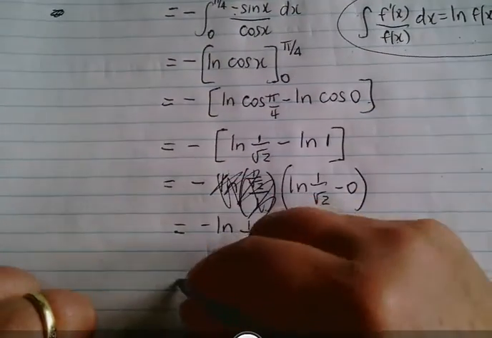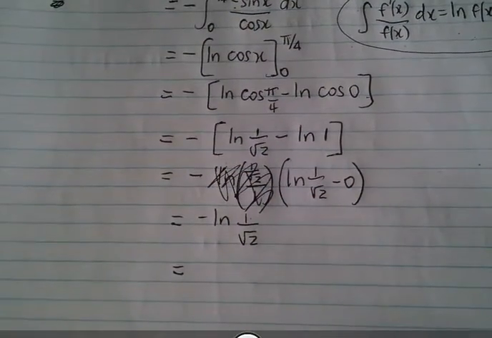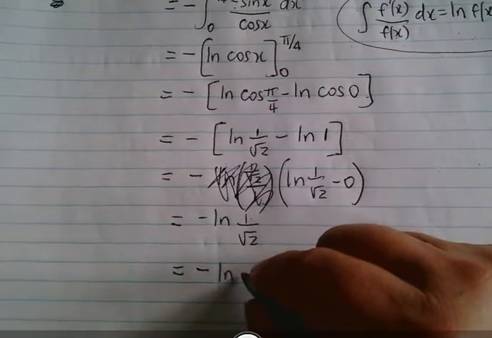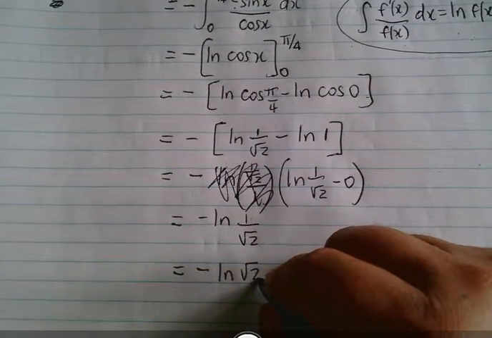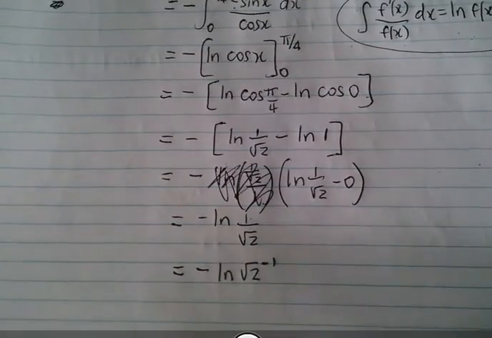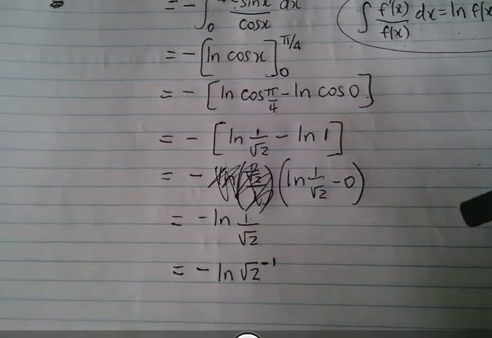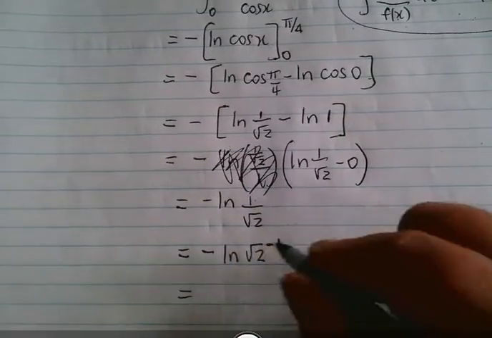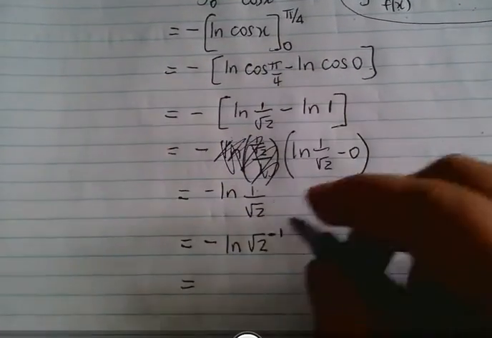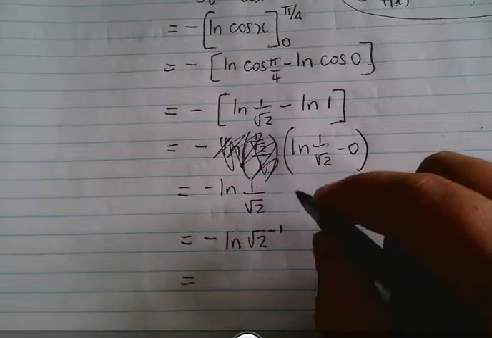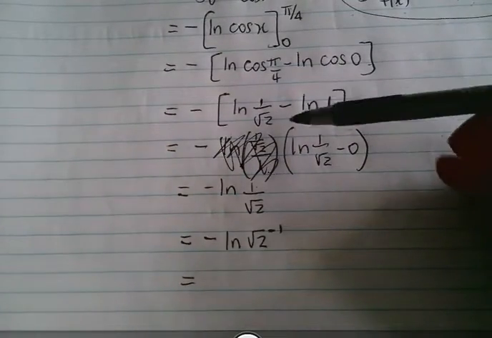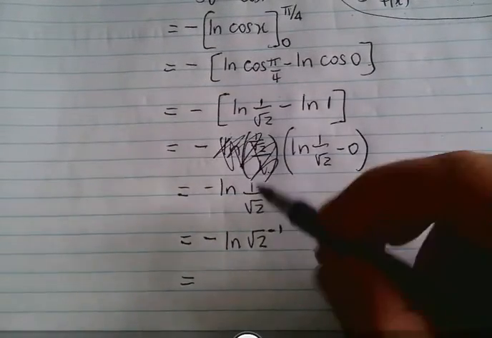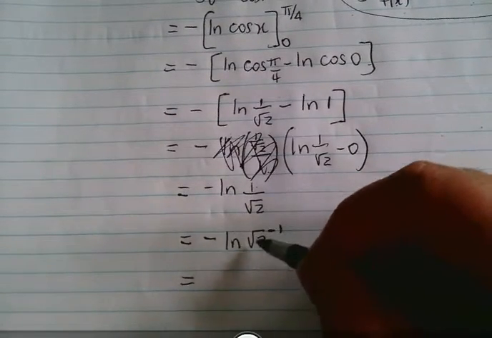What can I do with this, 1 on root 2? How can I write it? Negative ln, isn't that root 2 to the negative 1? Can I bring the negative to the front? Isn't ln 1 0? All right, now what else can I do? Can't I write that as root 2 to the power of negative 1?